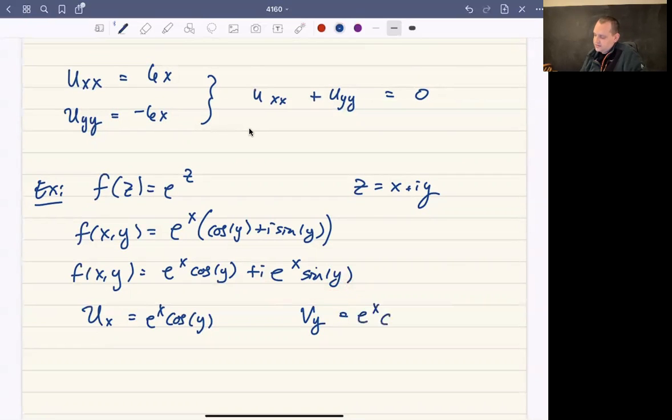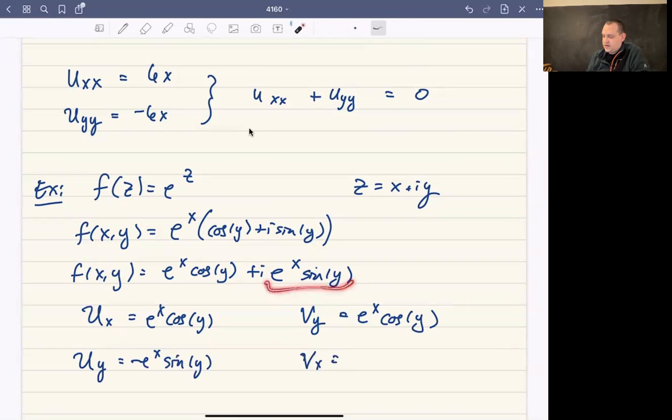E to the x is a constant, and those are indeed equal, so that's good. Then u sub y is, if we take u and differentiate with respect to y, minus e to the x sine of y. And then finally, what are we missing? V sub x. If we take v and differentiate with respect to x, we get e to the x sine of y.